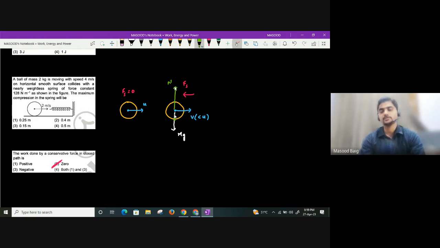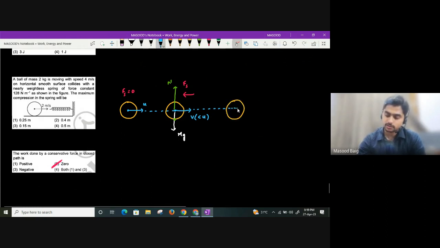Normal reaction and weight cancel out each other. Spring force is the unbalanced force over here, so in the direction of the unbalanced force we are going to have acceleration. And whenever velocity and acceleration are in opposite directions, the object moves in the direction of velocity with decreasing speed, till its velocity becomes 0.